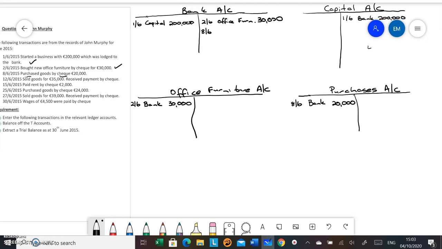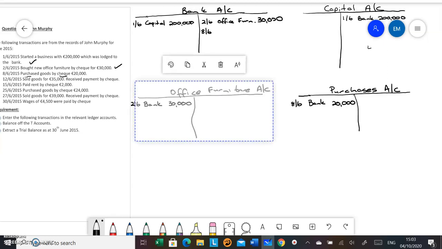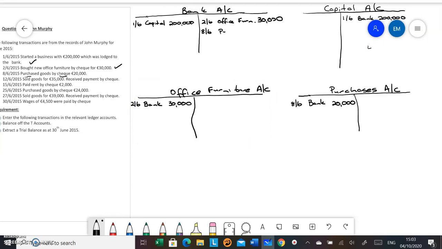And you see in some questions, it could be called the cash account or it could be the bank account. It's generally the same thing. So on the 8th of June, you made purchases of €20,000. And that is the third one dealt with.